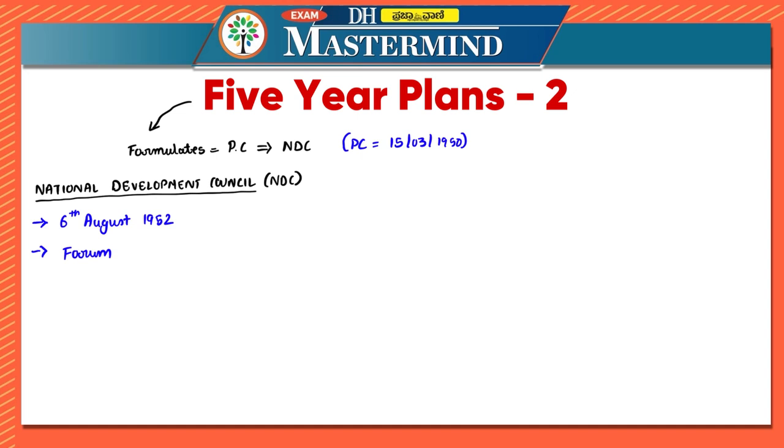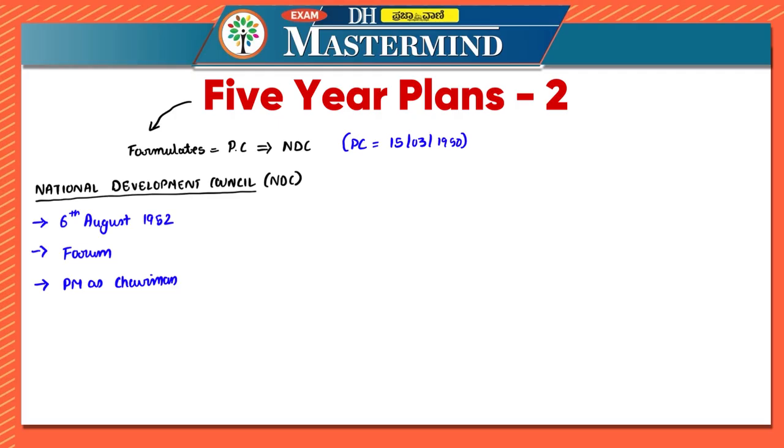Now what was the composition of the National Development Council? This included the Prime Minister as chairperson, along with Union Cabinet Ministers.